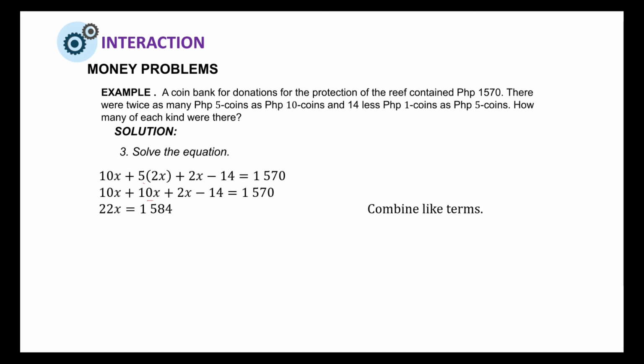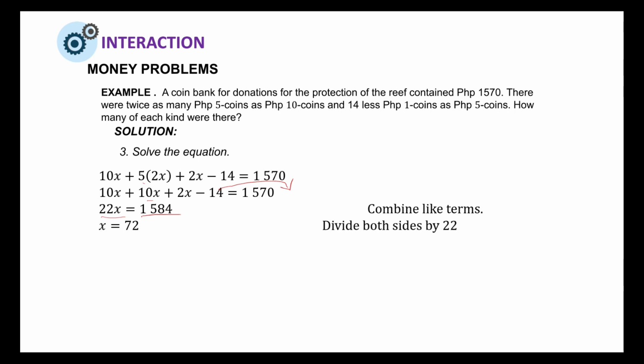Combine like terms. 10x plus 10x plus 2x is 22x. And then 1,570 plus 14, because when you transpose that to the other side, that should be 1,570 plus 14. So the sum is 1,584. So we have now 22x is equal to 1,584.